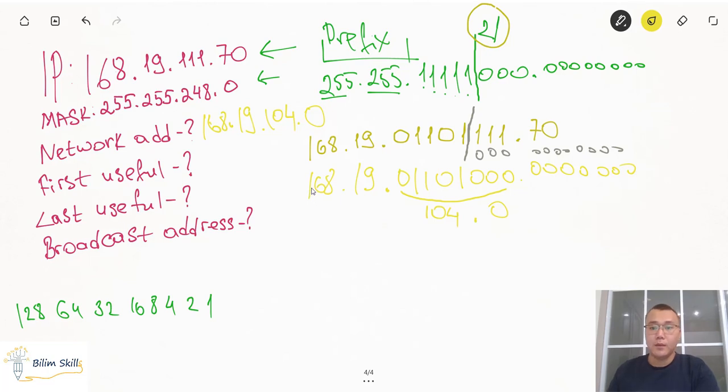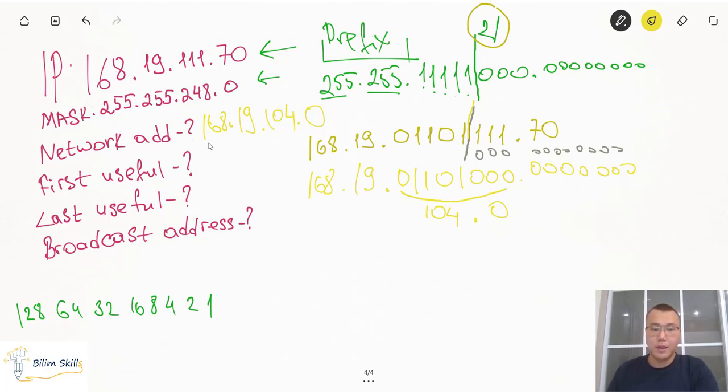So you change all the numbers after the slash to zeros, and in such a format you get the network address.